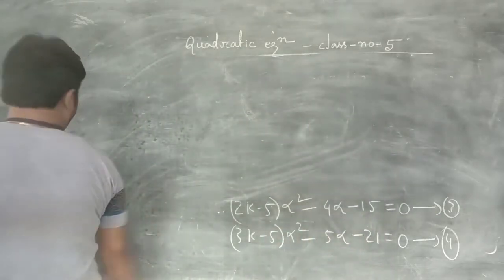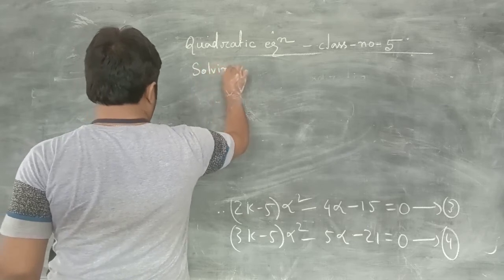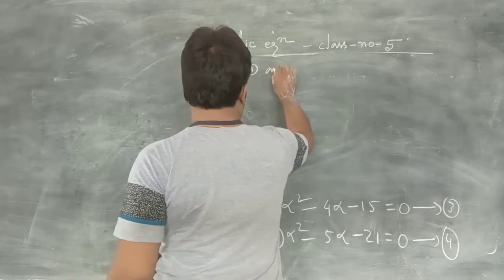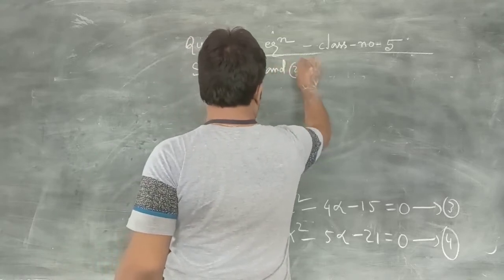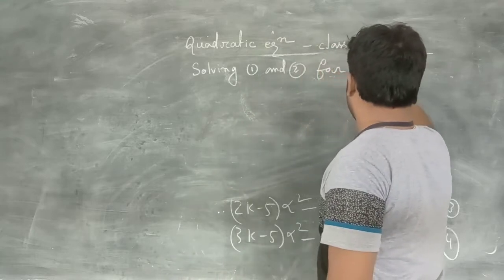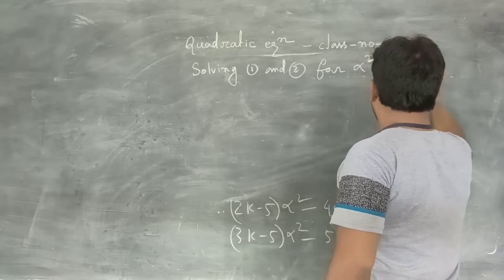Solving 1 and 2 for alpha square and alpha by cross multiplications.